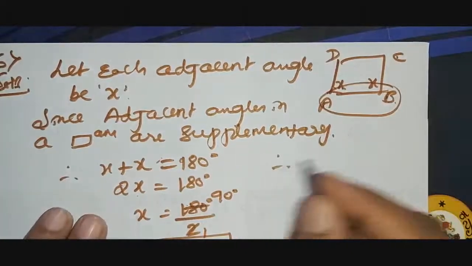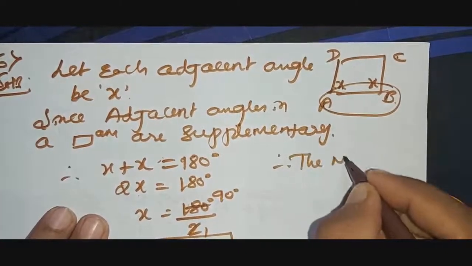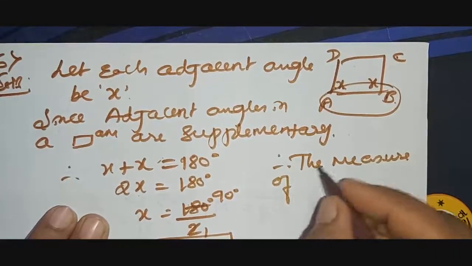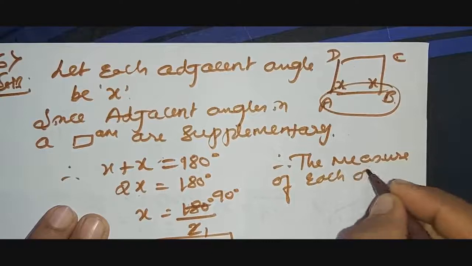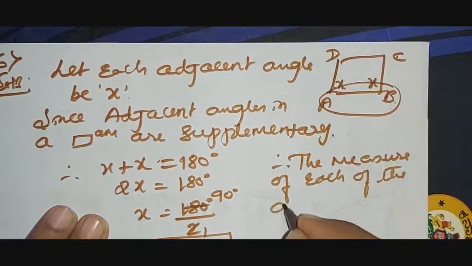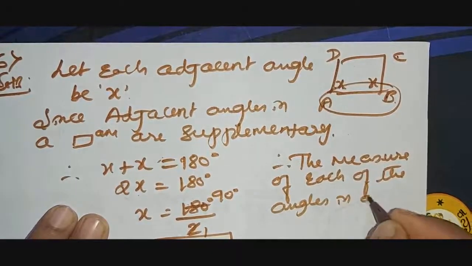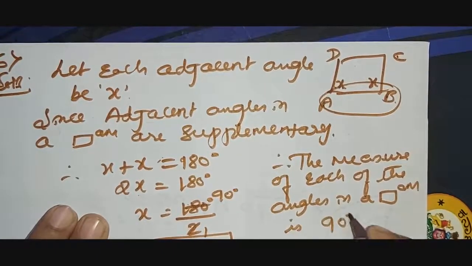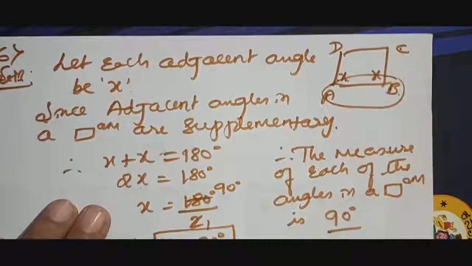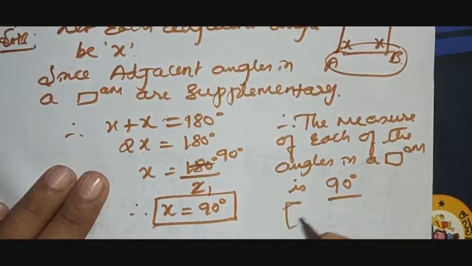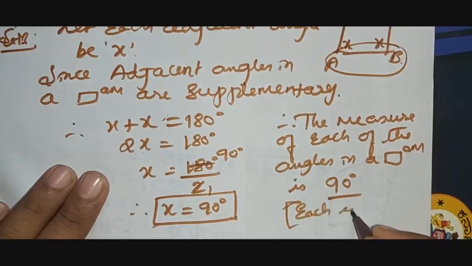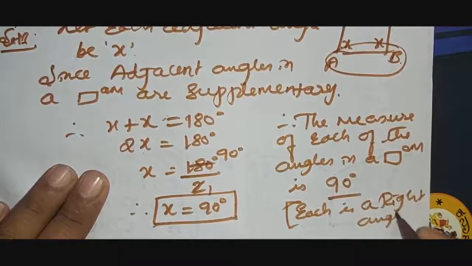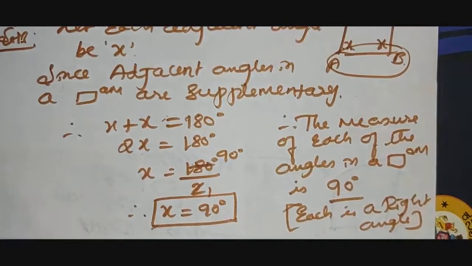Therefore, the measure of each of the angles in a parallelogram is a right angle or 90 degrees. You can write it like this also: each is a right angle. This is the solution.